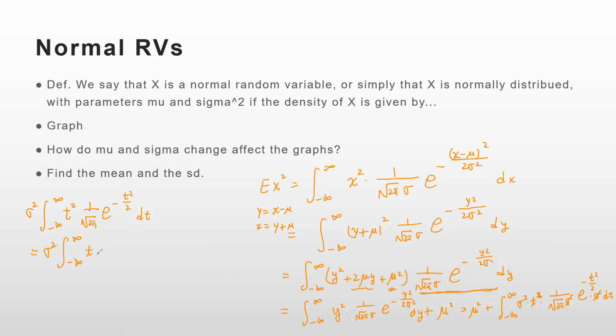You have t times 1 over the square root of 2 pi e to the negative t squared over 2 dt. Hold on a second, I don't need the negative t there.